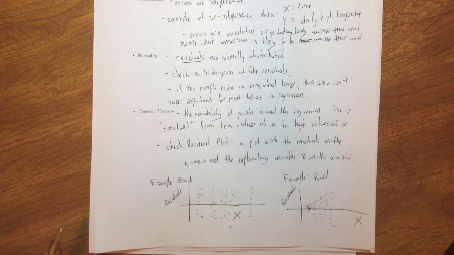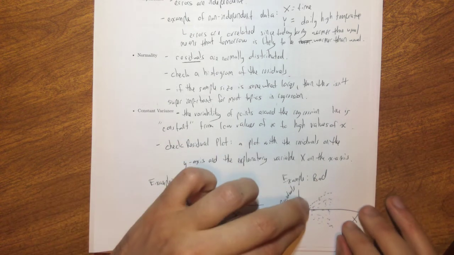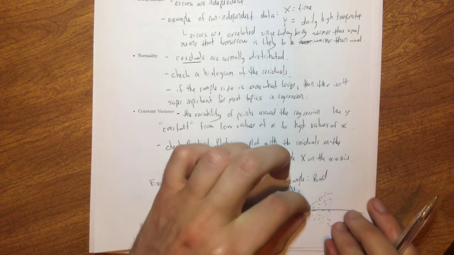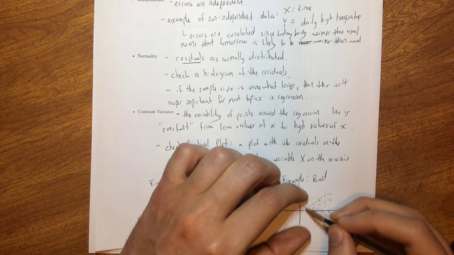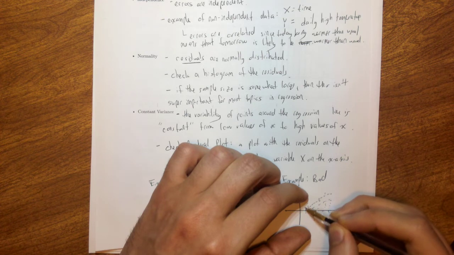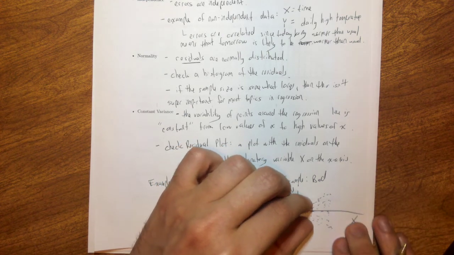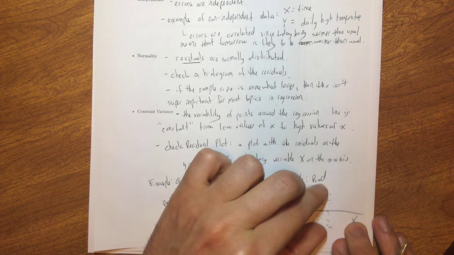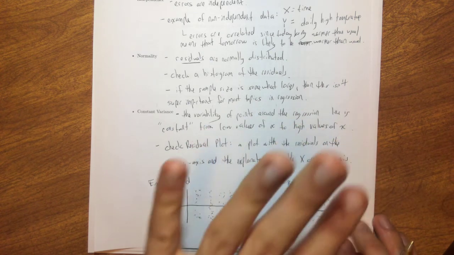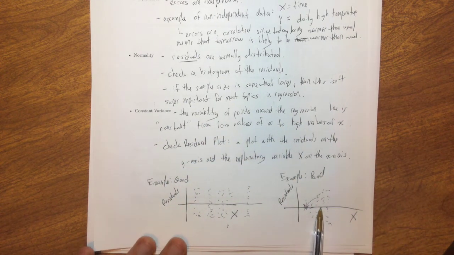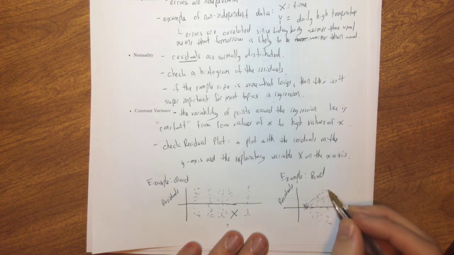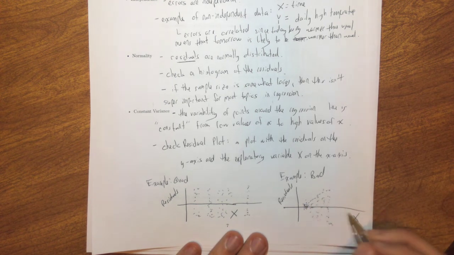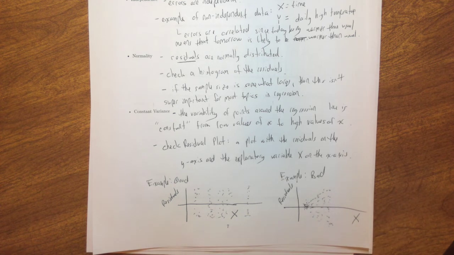In this example, I am starting at a small value of x, and I'm seeing that the spread of those residuals is really tiny because they're really clustered around that x-axis line. But as I move across, the spread's getting bigger and bigger. So this is an example where this assumption doesn't hold because the spread seems to increase as we move across the x-axis.